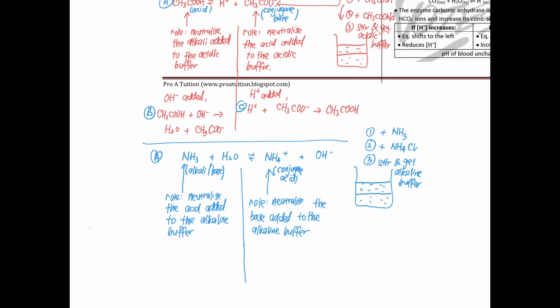If H plus is added, the ammonia will react with the H plus to form, just now the equation said water and M plus, but we can't form water here because there is no oxygen.